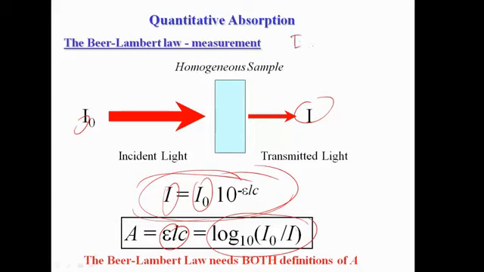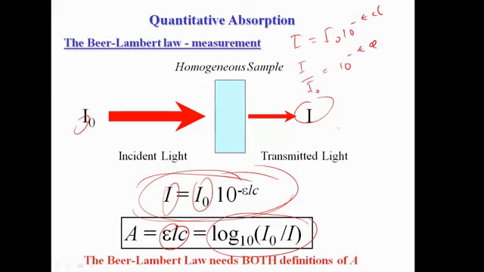So we have I is equal to I0 10 to the minus epsilon CL. So if we go I over I0, that is equal to 10 to the minus epsilon CL.